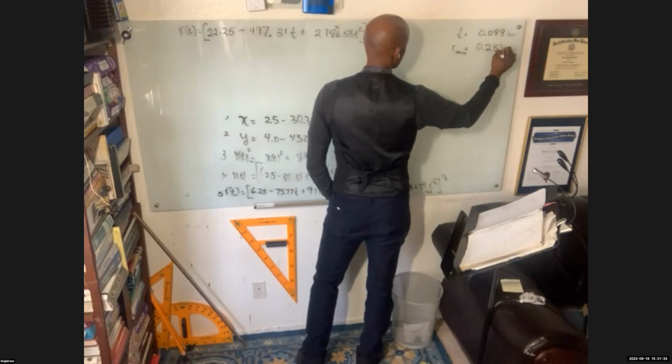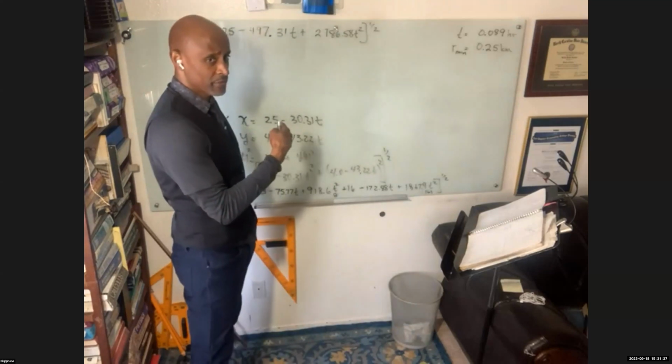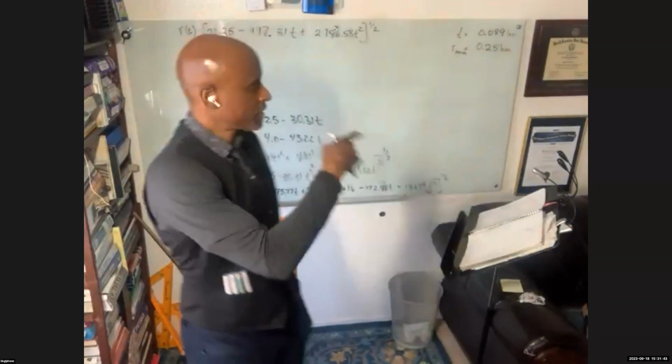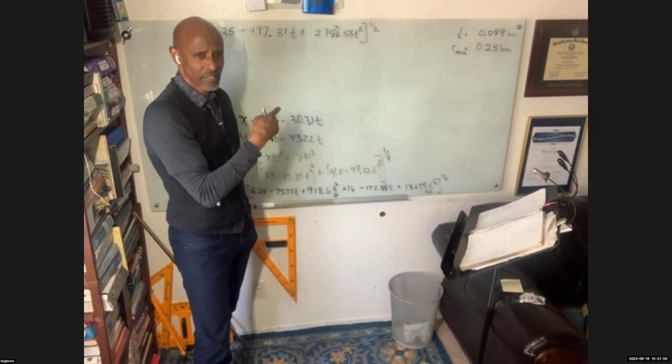0.25 kilometers. Yes. Now you used Kimberly's numbers, right? Yes, this is from Kimberly's numbers. Mine is different. Okay, Kimberly, can you verify that these are the answers for C and D? What you want me to do? How you want me to test it? I thought he's right so far.